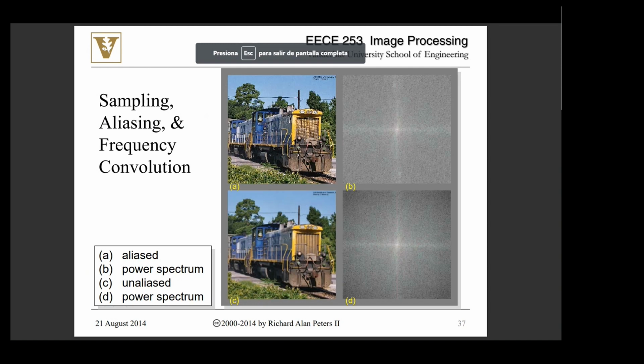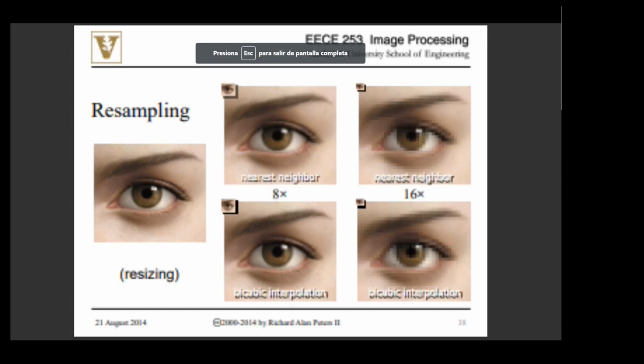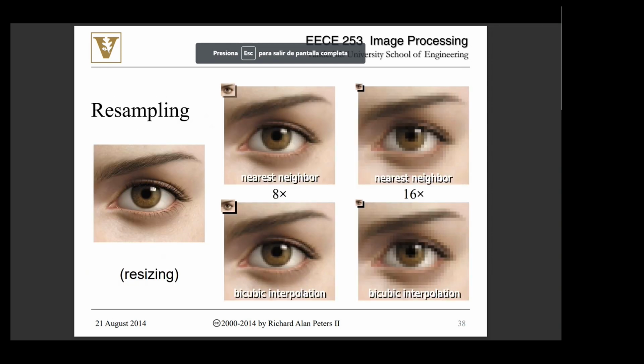And here you have an example of this aliasing. So you can imagine that the front of this frame cannot look like this, with these kind of jagged borders. It should be more something like this, even if we don't see the details, but the details cannot be these. So this is actually aliasing. And then we will also learn to resample images.